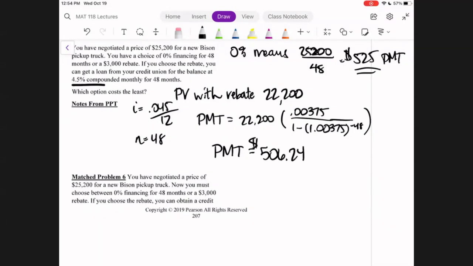So in this problem, the rebate is the best, right? Because you're paying the least amount of money per month. You're going to save around $18 every month.